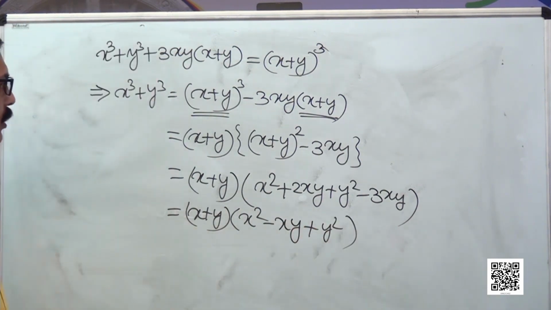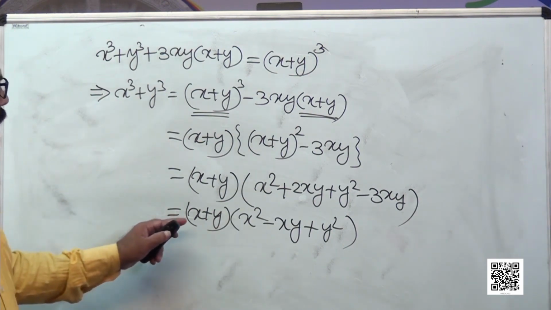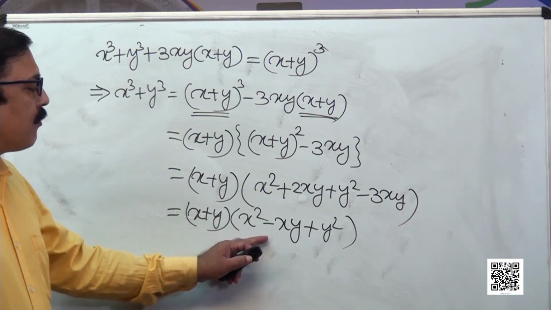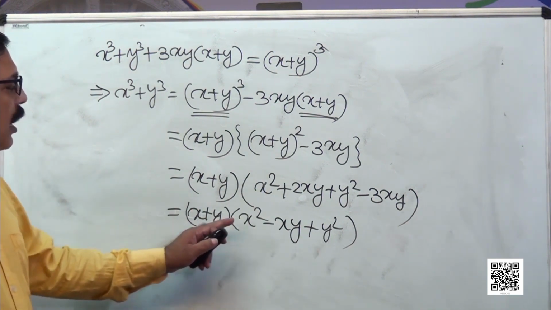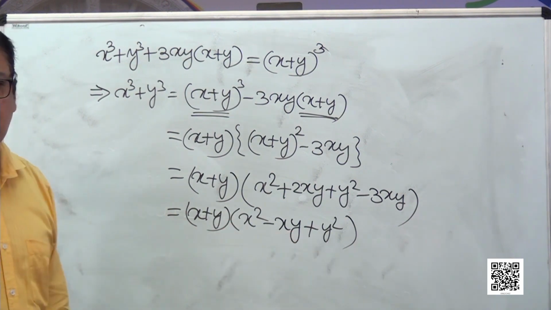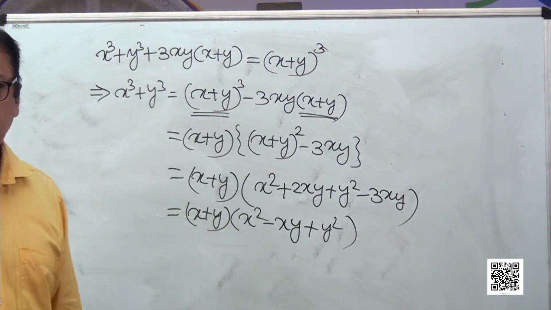So here x cube plus y cube is x plus y into x square minus xy plus y square. Here x plus y and x square minus xy plus y square are two factors of x cube plus y cube.